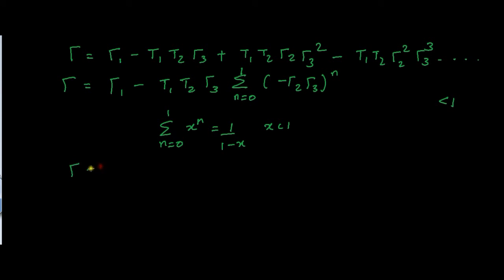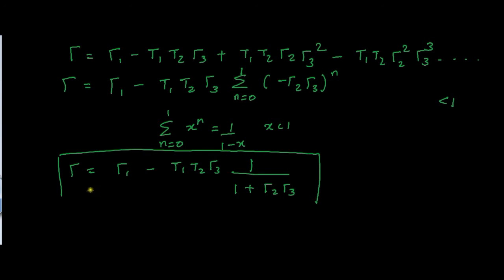So in doing that, we'll get 1 over 1 minus of minus will be plus. So this is the formula for total reflection coefficient.